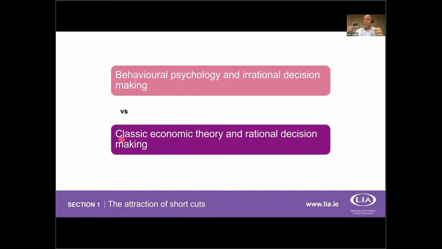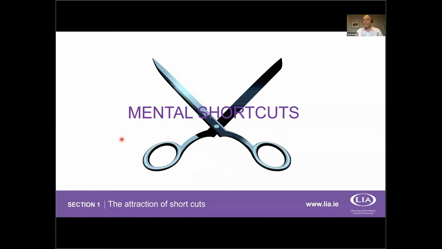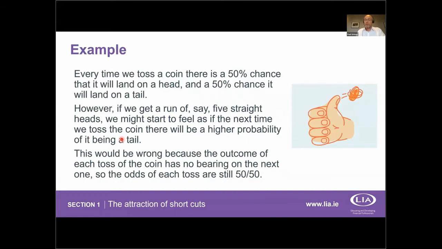So what happens then is, in lieu of that type of rationality, we develop individually what are termed heuristics in the language of behavioral finance. We just simply call them mental shortcuts. So we have rules of thumb that get us around different problems, and those rules of thumb can get us into difficulty, and that's what I want to explore initially with some of the examples that I've thrown up here.